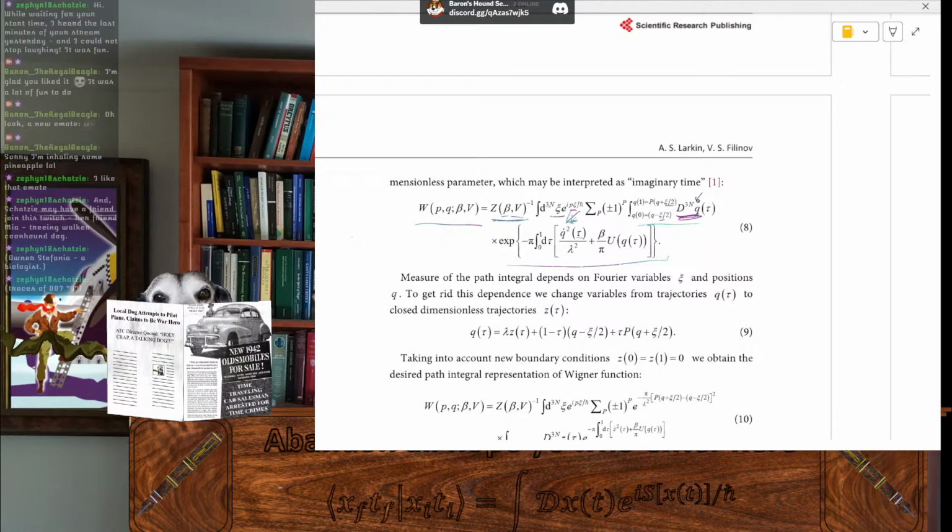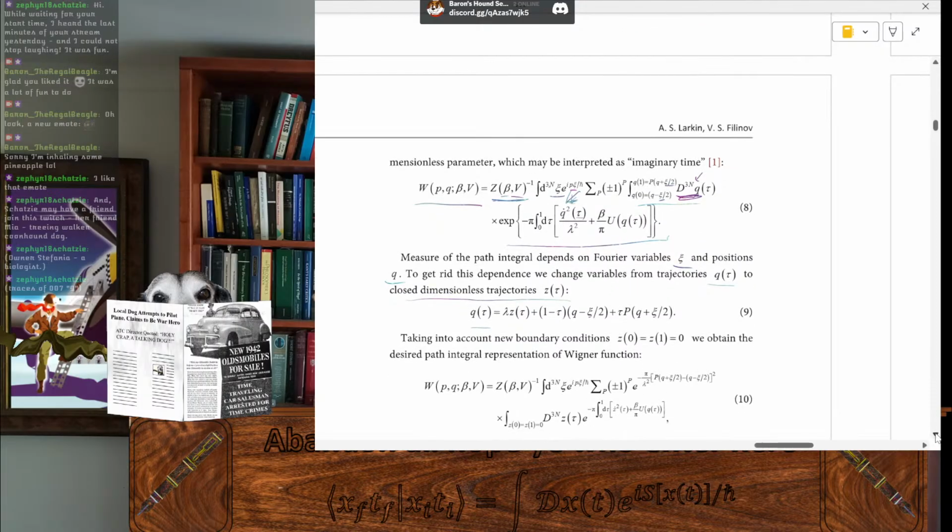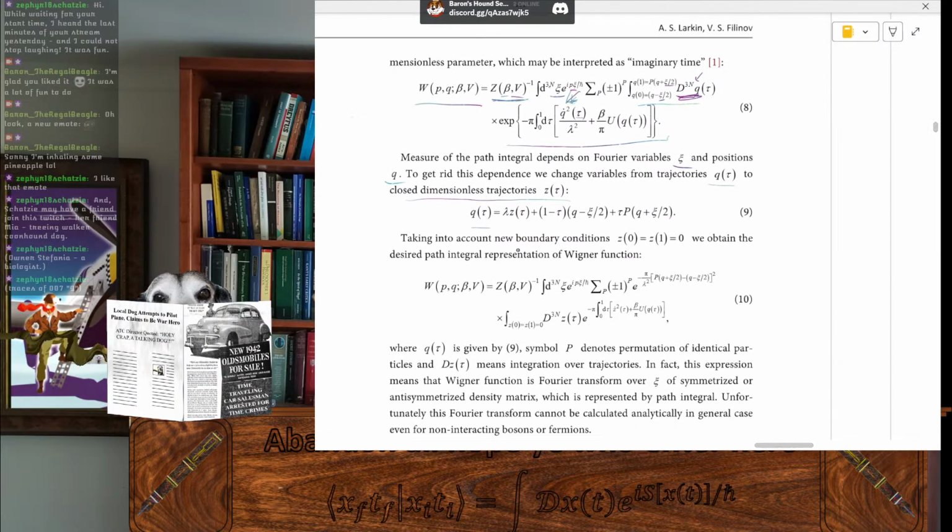Okay. The measure of the path integral depends on Fourier variables eta and position q. To get rid of this dependence, we change the variable from trajectories q of tau to closed dimensionless trajectories z of tau, where q of tau is lambda z of tau. Taking into account new boundary conditions, z of 0 equals z of 1 equals 0.